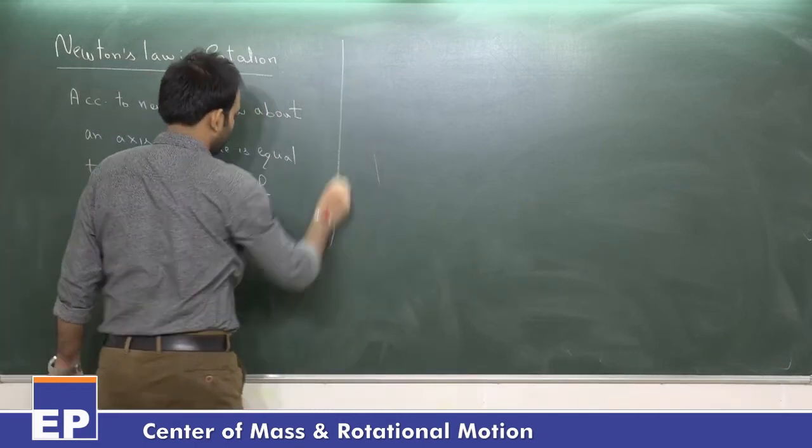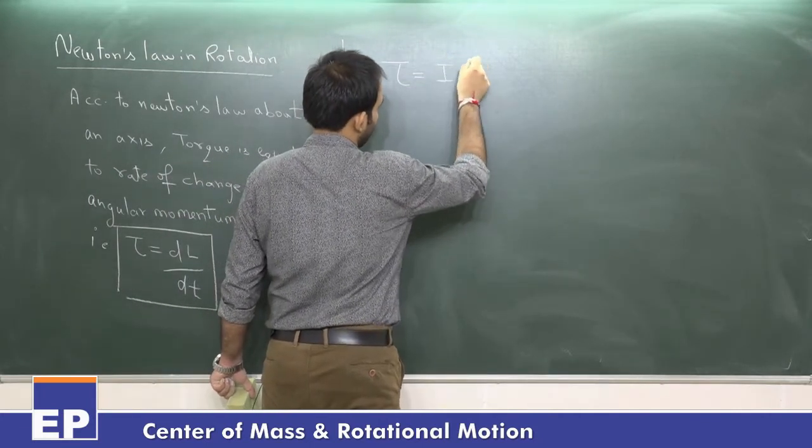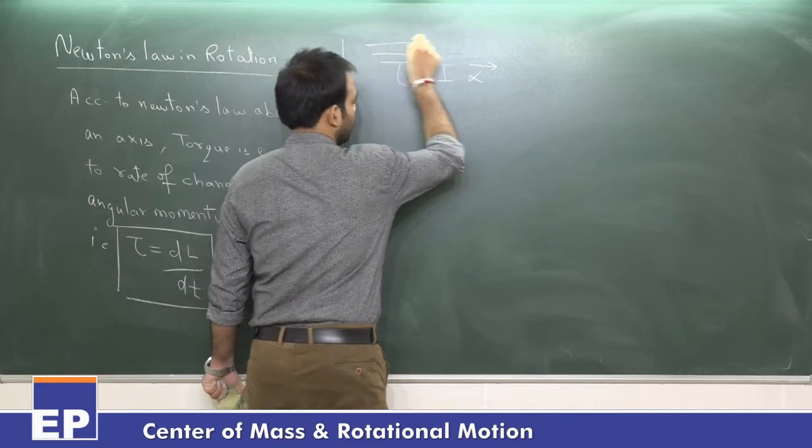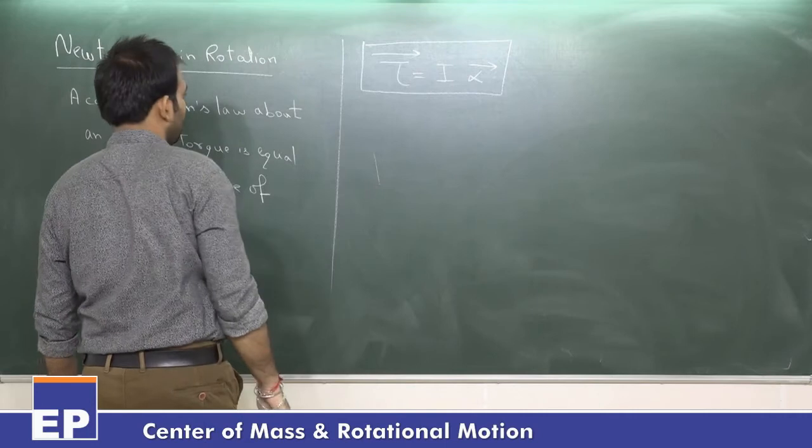If we write it in a more appropriate way, the torque is basically I into alpha. You don't know the value of L yet. L is basically the angular momentum, but it will be introduced later.